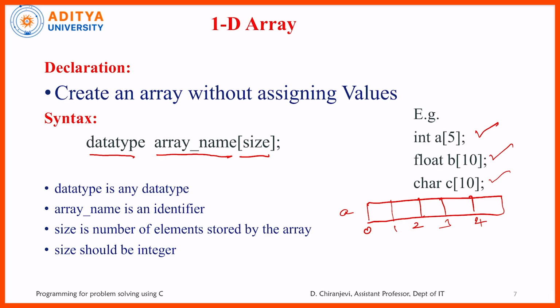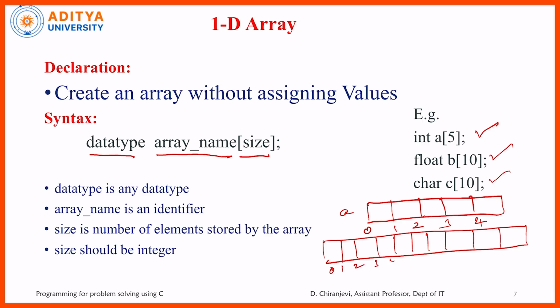Now if you write float b of 10, it will allocate memory immediately for 10 elements, index 0 to index 9. Size is 10, so size minus 1, that is 9.